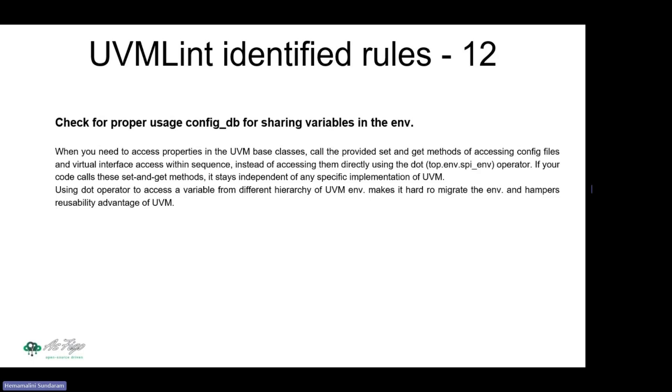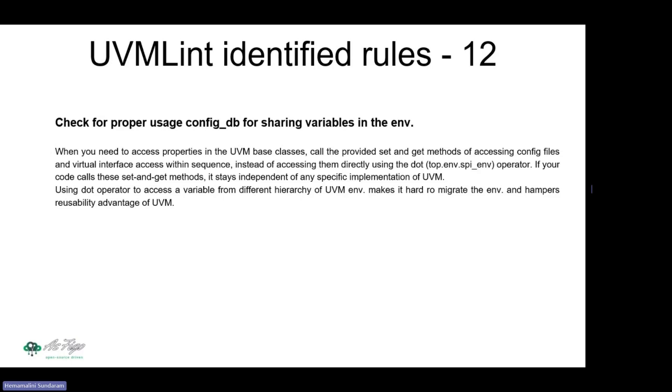When we need to access properties in the UVM base class, call the provided set and get methods for configuration and virtual interface access within a sequence, instead of accessing them directly using the dot operator. If your code calls these set and get methods, it stays independent of any specific implementation of UVM.